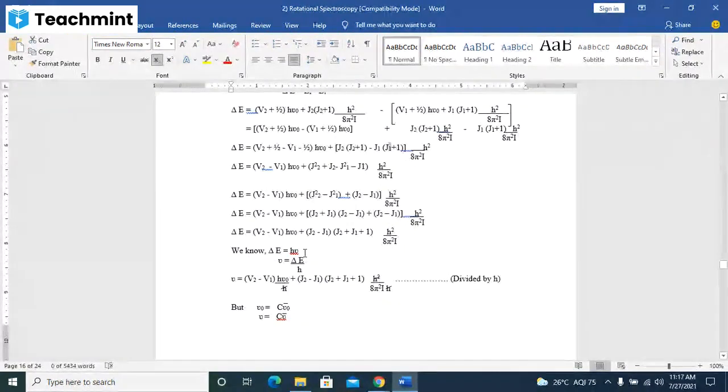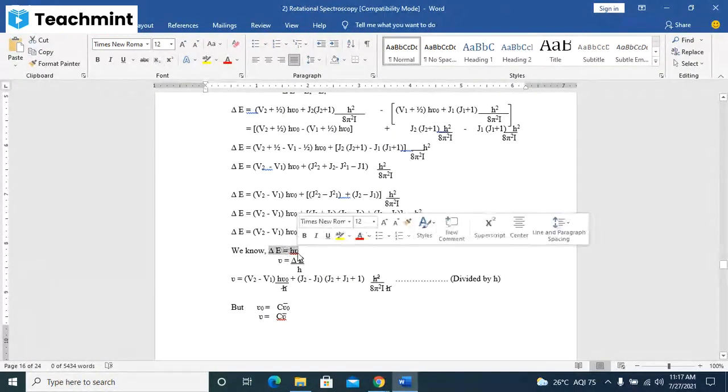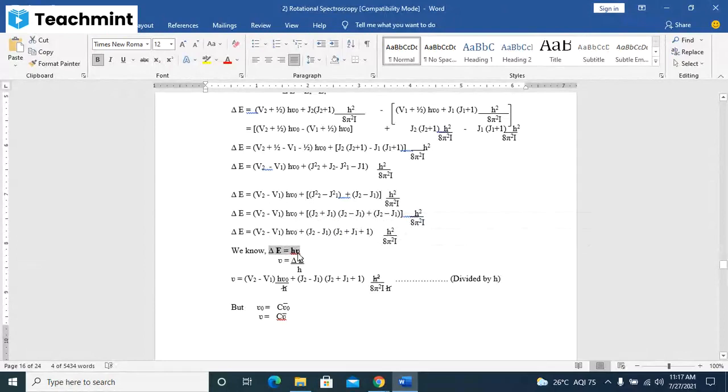We know delta E is equal to h nu as per Planck's theory of quantization. Nu is equal to delta E by h. Okay, nu is equal to V2 minus V1 h nu 0 upon h plus J2 minus J1 in bracket J2 plus J1 plus 1 h square upon 8 pi square I, divided by h. Then nu 0 is equal to c nu 0 bar, and nu is equal to c nu bar.